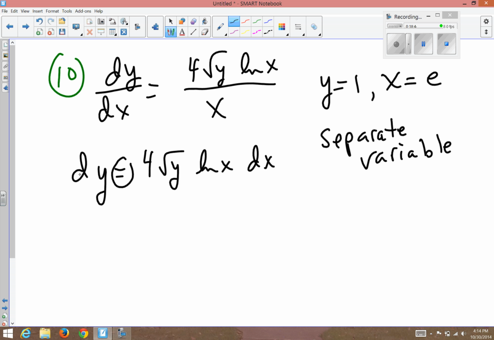That's okay here, d is not a variable. On the other side, there has to be only x's. So we have trouble here because we have y's and x's on the same side of the equal sign. So we must divide both sides by the square root of y, so that the square root of y on this side will be gone.